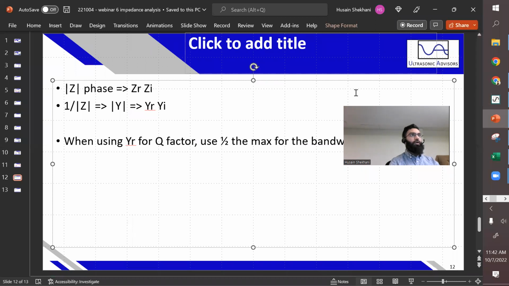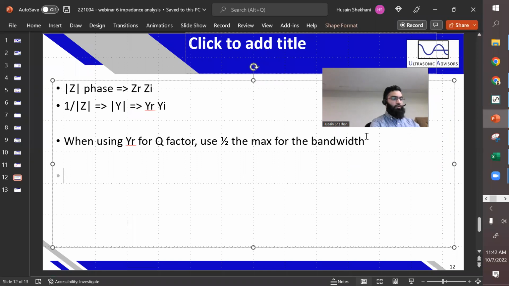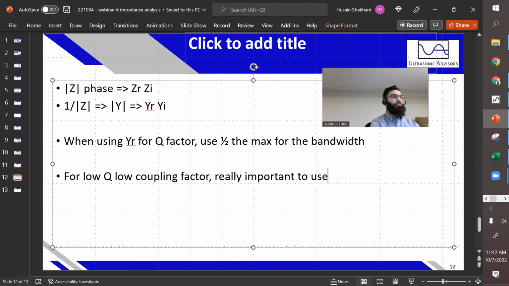Another point I just want to mention, without deleting something I already wrote: for low Q, low coupling factor, it's really important to use real components to calculate both frequencies, and also the effective coupling factor, as calculated from anti-resonance and resonance.